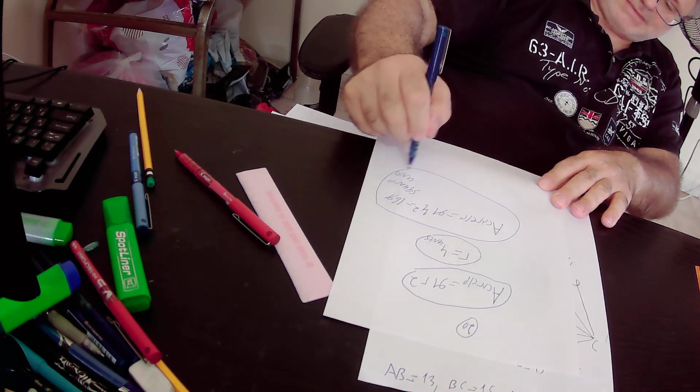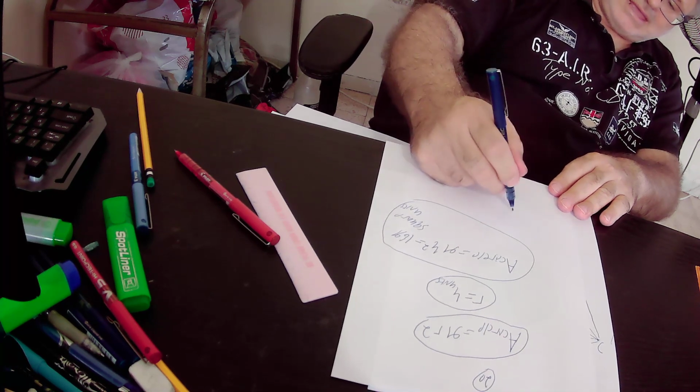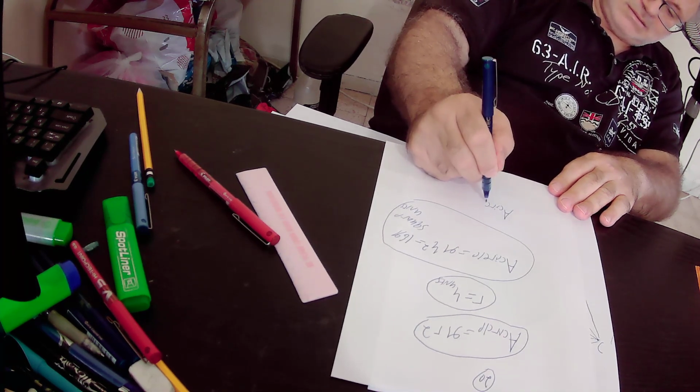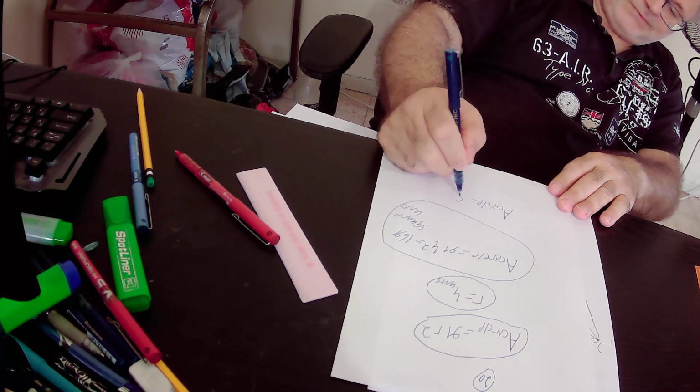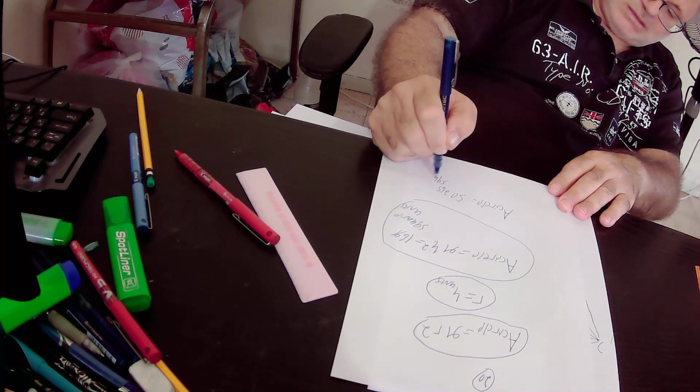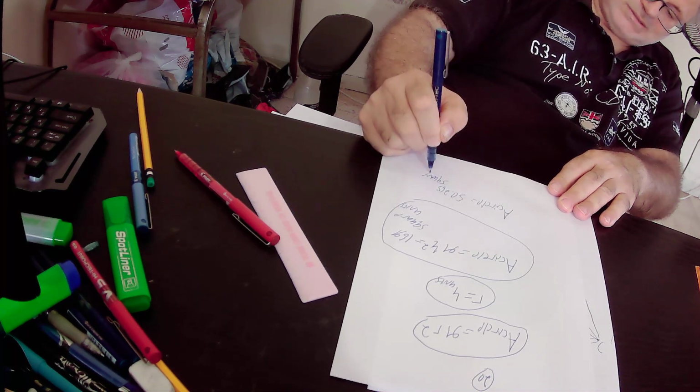Or in terms of numbers, the area of the green circle equals 50.265 square units.